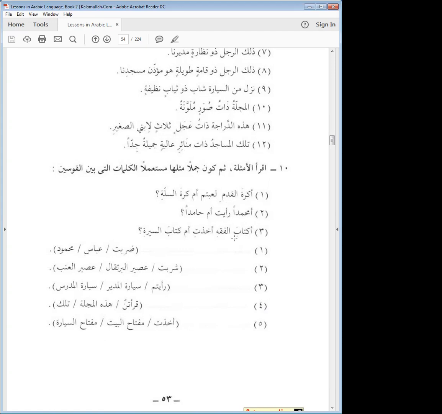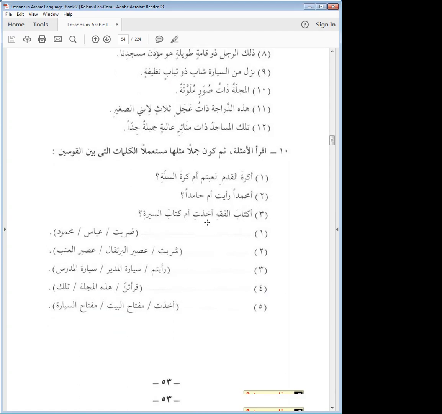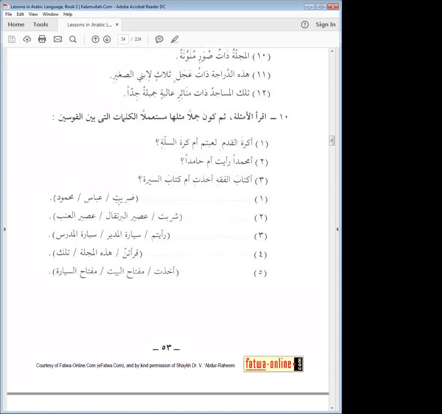A-kitab al-fiqh akhadhta am kitab as-sirah. Is it the book on fiqh you took or the book on the sirah? Right? So how do we form sentences like that? They give us words and we have to basically form sentences along the lines of these examples, right?